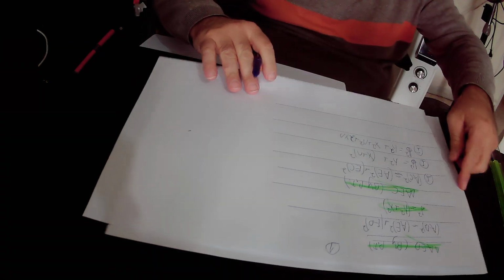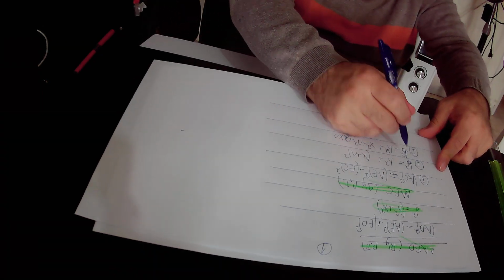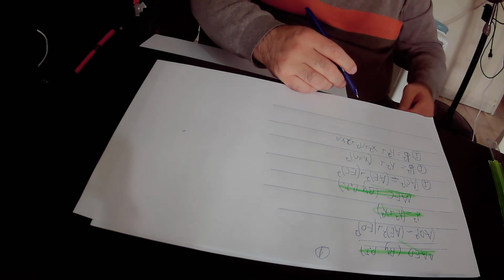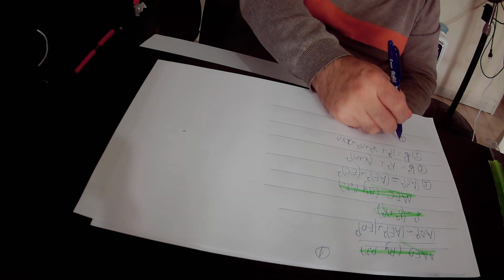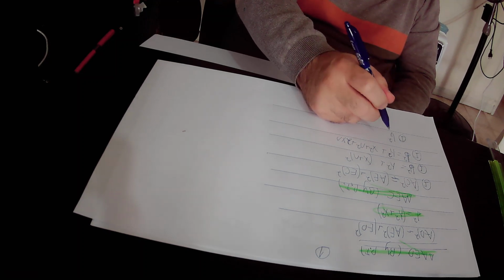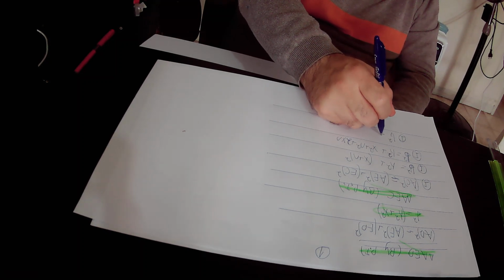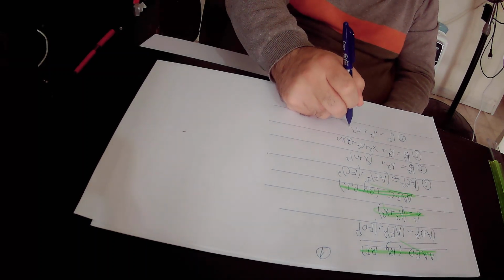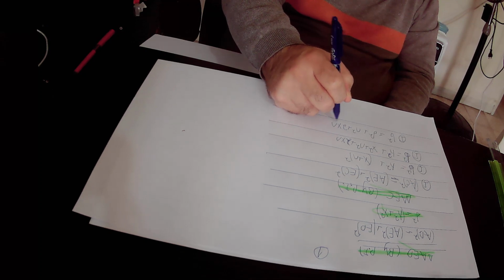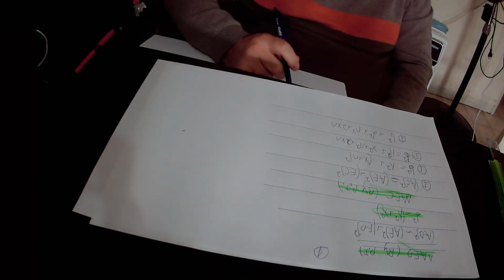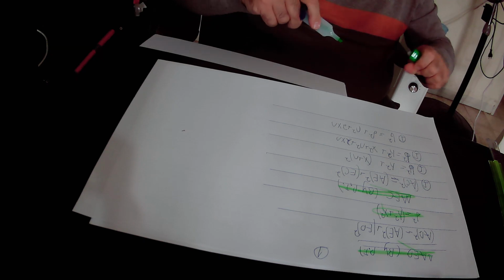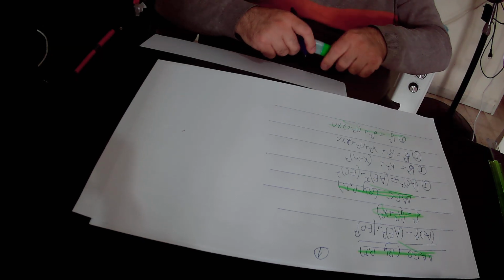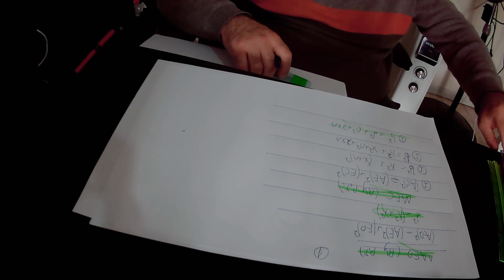So b square is equal to h square plus x square plus n square plus 2 times x times n. So b square equals h square plus x square, which is d square, plus n square plus 2 times x times n. So according to equation number 1, we found out that b square equals d square plus n square plus 2 times xn.